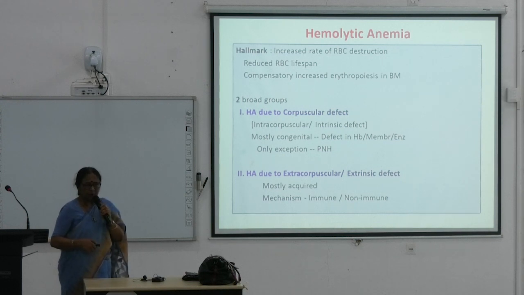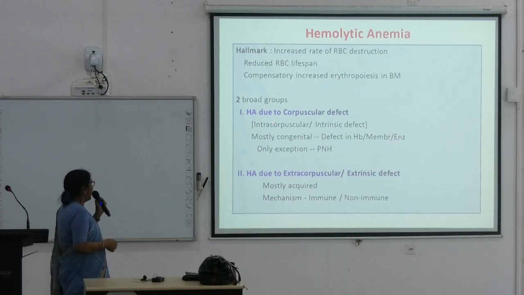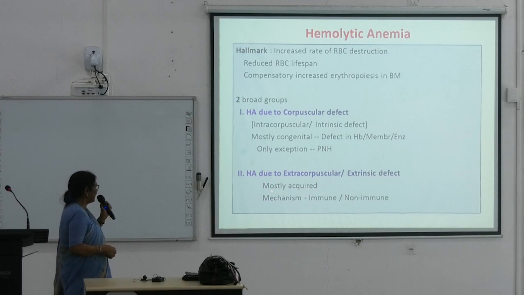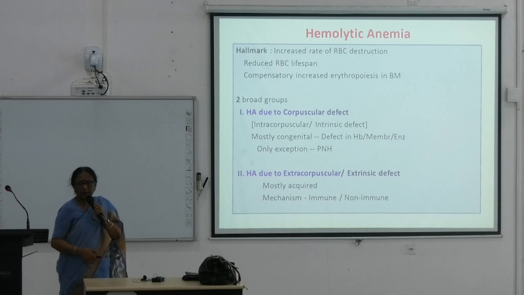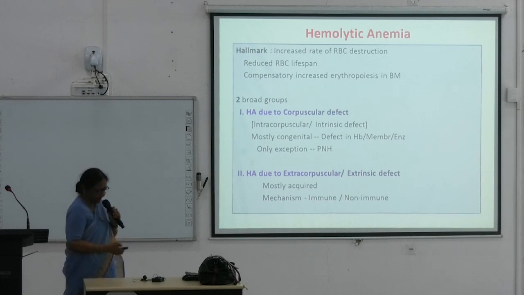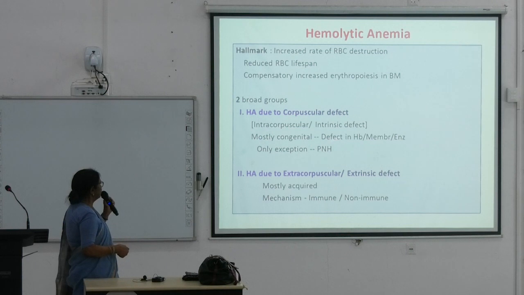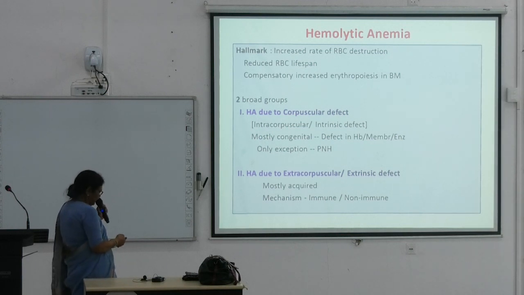We will go through it today. And the other group is the hemolytic anemia due to extracorpuscular or extrinsic defects. It is mostly acquired and the mechanism may be either immune or non-immune. So this is the common information about hemolytic anemia, whether due to corpuscular defect or extracorpuscular defect.